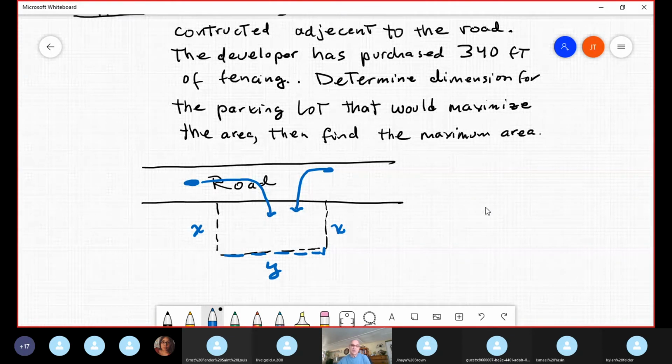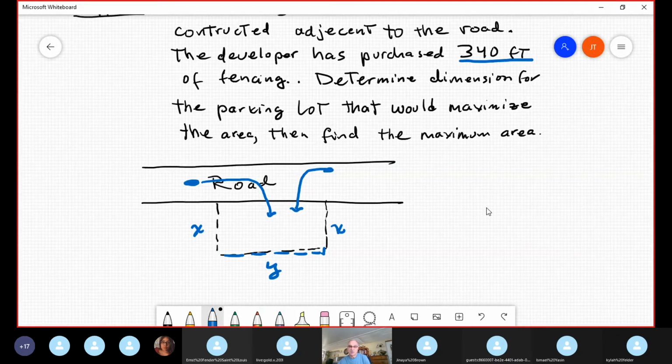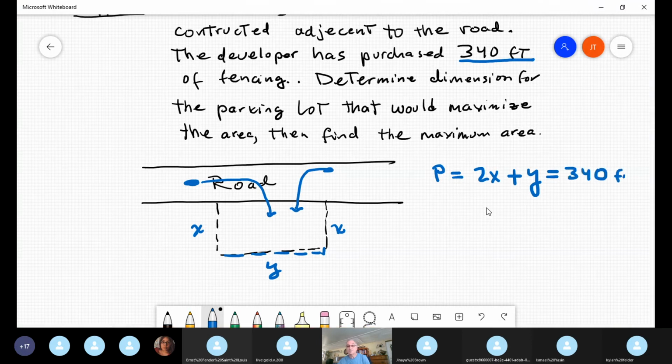The first restriction that the developer imposed is the fence. The fence is the perimeter. Perimeter is the distance around the figure, but the figure has only 1, 2, and 3 sides. So this side and this side, that is 2x plus y, is equal to, the problem says, 340 feet.